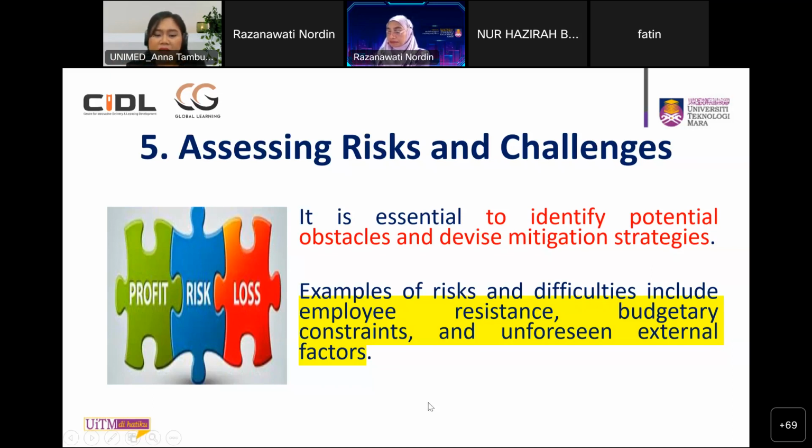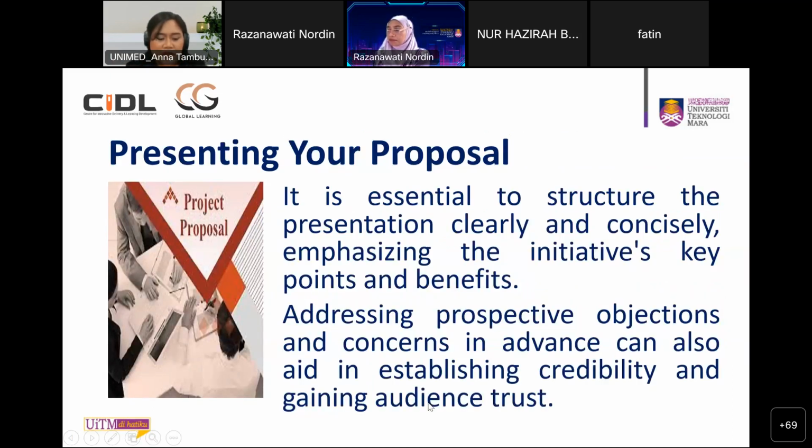And the next one is, of course, presenting your proposal. The final step in writing a proposal, after you write the whole thing I have mentioned previously, is presenting it to the key stakeholders. This can be a daunting task, but there are several tips that can help make the process smoother.